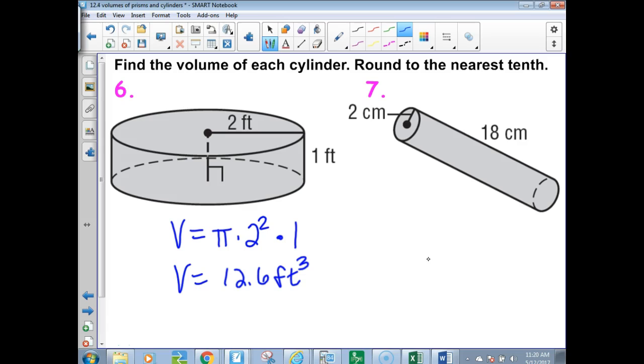All right, number 7, you just have another skinny cylinder. It has a radius of 2 as well, but it's only in centimeters, so it's a whole lot smaller than the other one was in reality. Pi times 2 squared times 18.